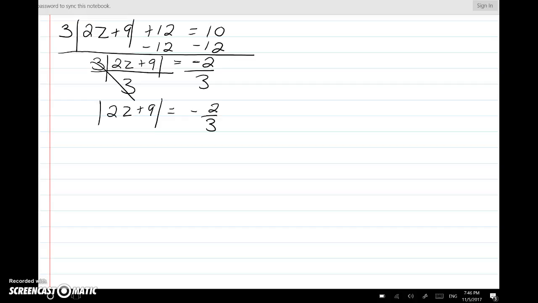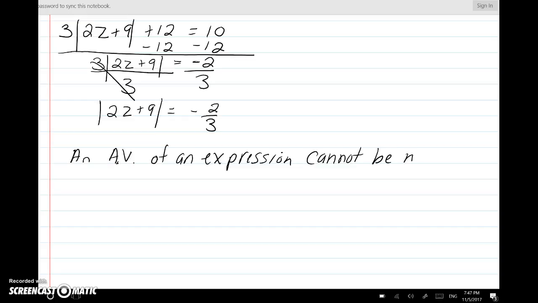Here's my question to you. Can we have a negative absolute value? Can absolute value be a negative answer? Answer's no. An absolute value of an expression cannot be negative.